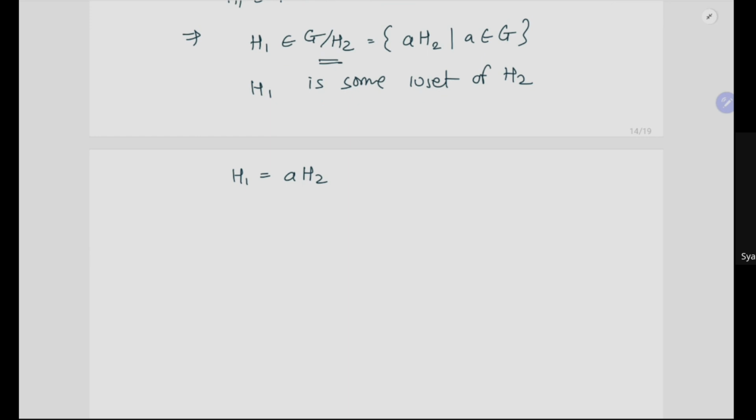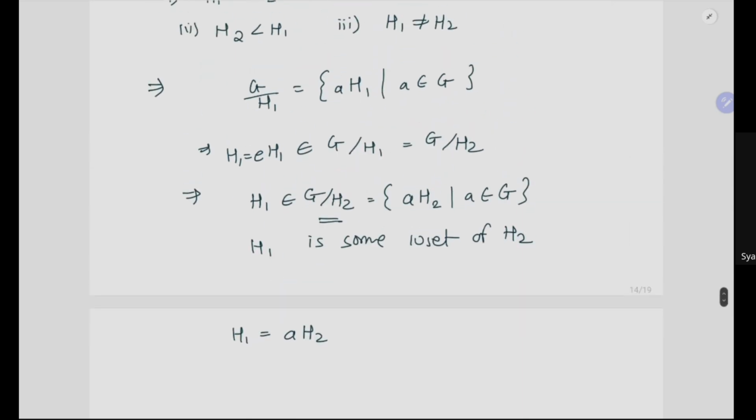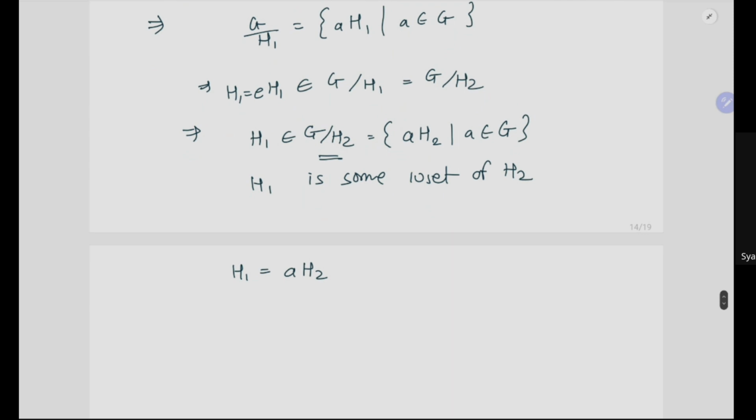The intuition is that two cosets of any subgroup are either disjoint or identical. Ma'am, can you write the same for H2, like H2 equals AH1?